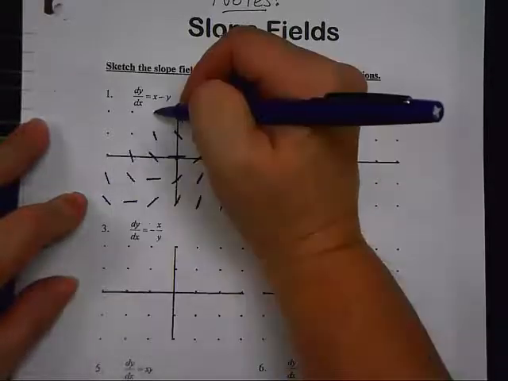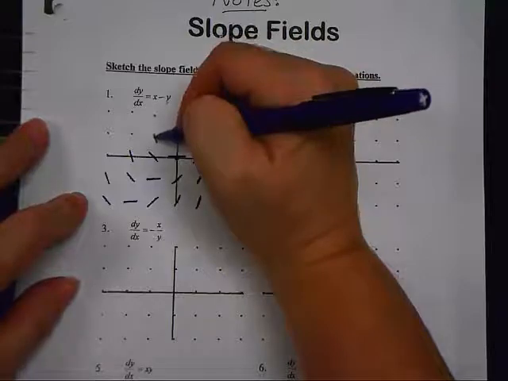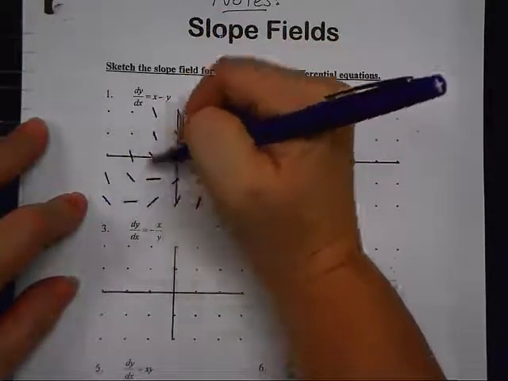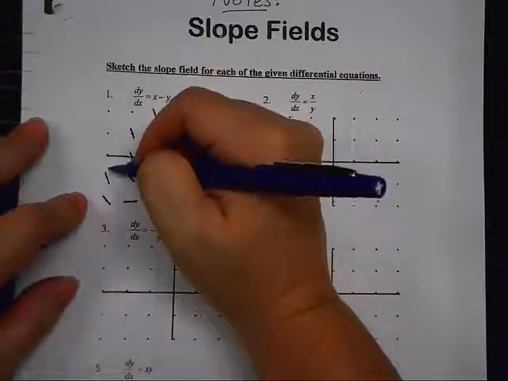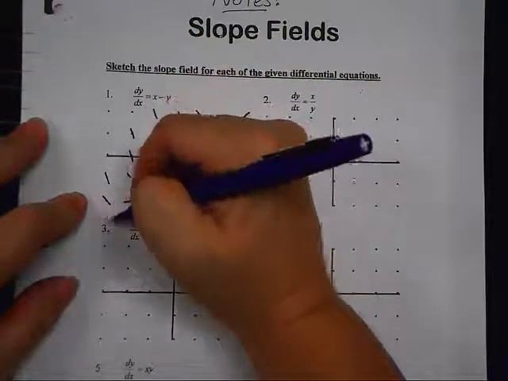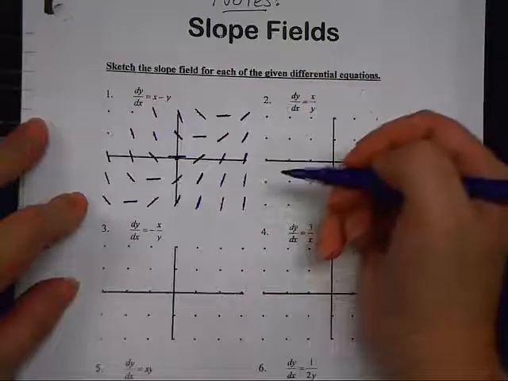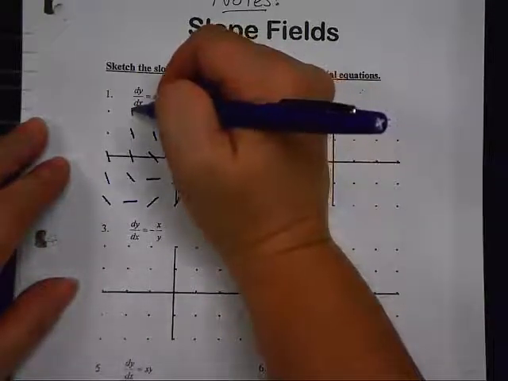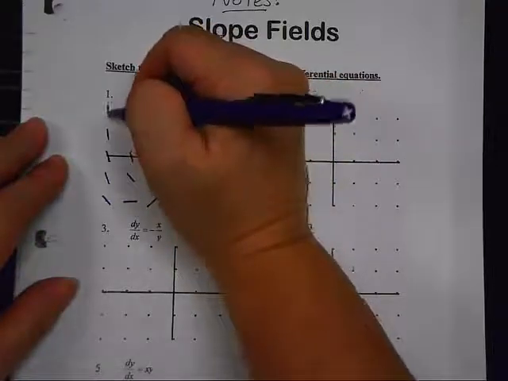The next 3 here are going to have a slope of negative 3. 1, 2, 3. I'm going to have to estimate that one. That's negative 3. The next 2 are negative 4, so I'm just going to eyeball those, and then negative 5 going up.